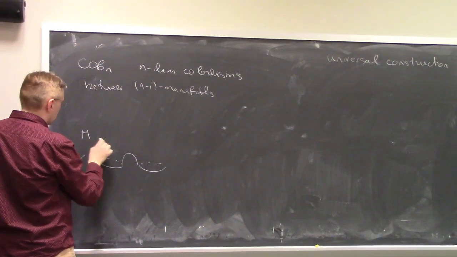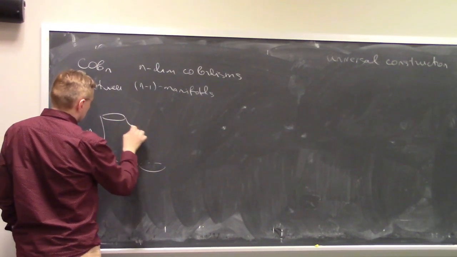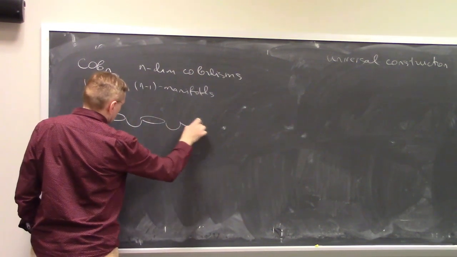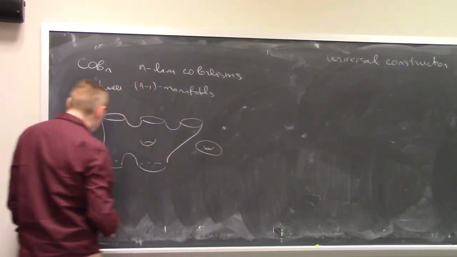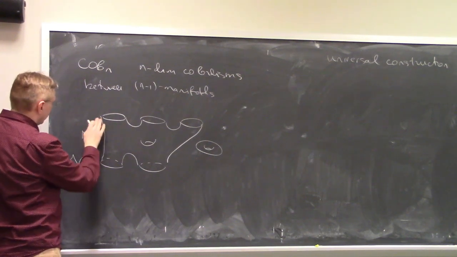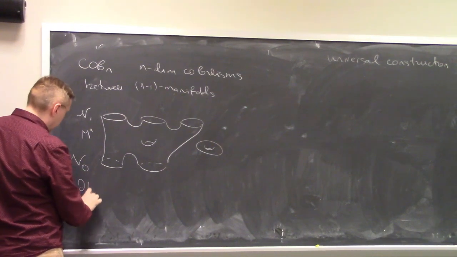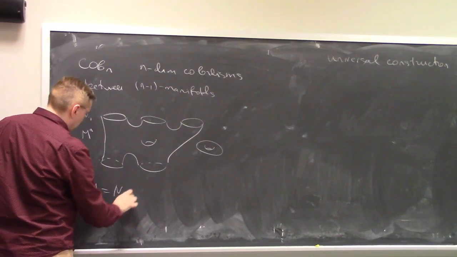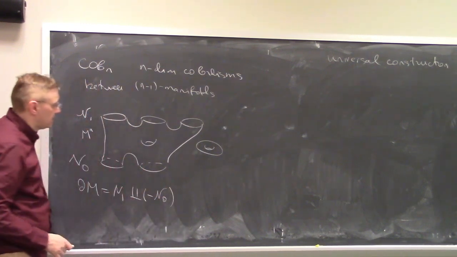The cobordism has dimension n. So here we can have an n-1 manifold N0, another n-1 manifold N1, and the boundary of the cobordism is N1 union minus N0, keeping track of orientations.